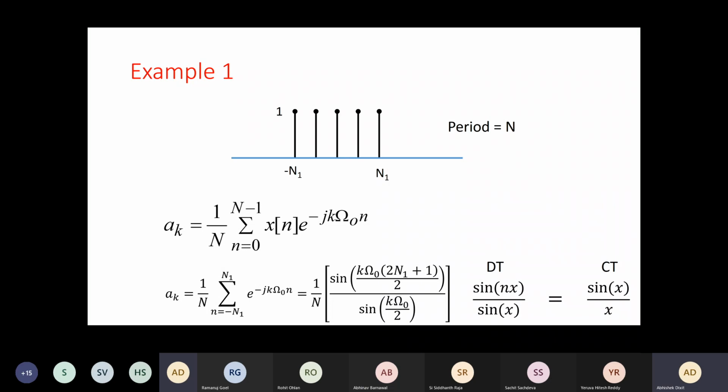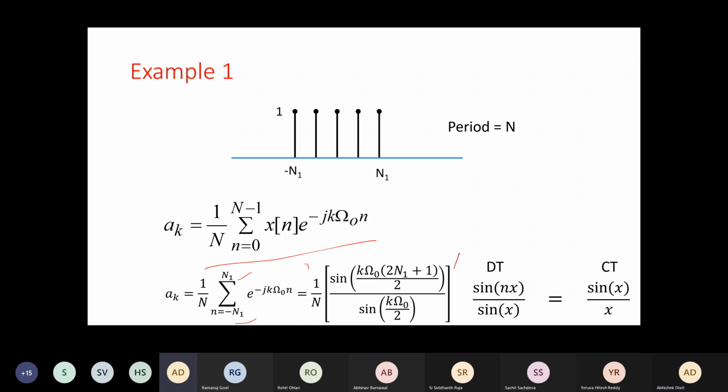I will not do this in detail, I'm just trying to motivate you. If you look at this case, you can use this expression, change the limit from minus N1 to plus N1, have 1 instead of x[n] in this period, and at the remaining places make it 0. You can work out the maths yourself and you will get this form of expression.